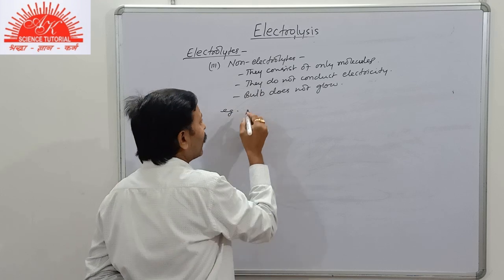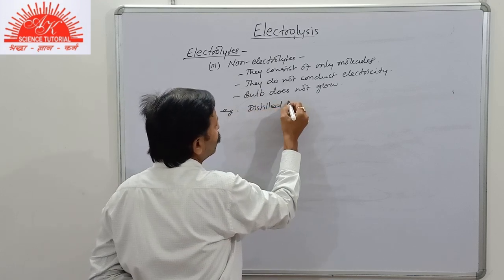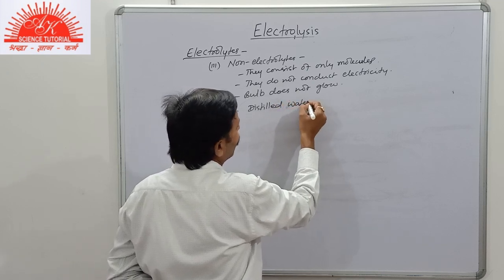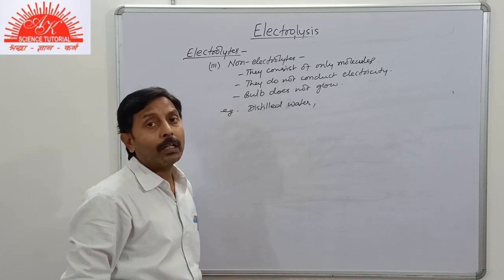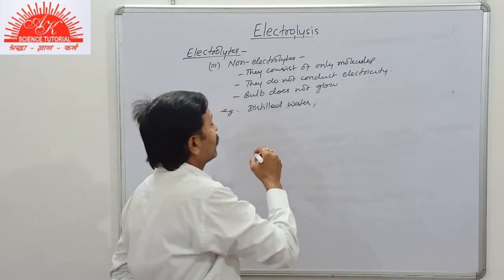Example: distilled water. Most important, actually we have taken that water is a polar covalent compound, but if it is pure water, it will not conduct electricity, it will not ionize.